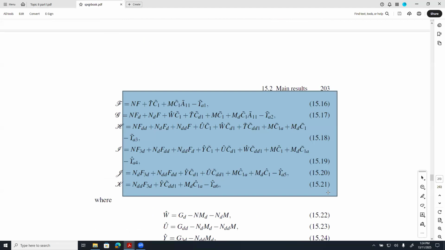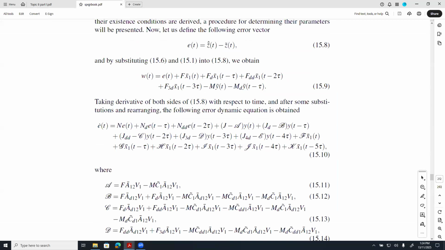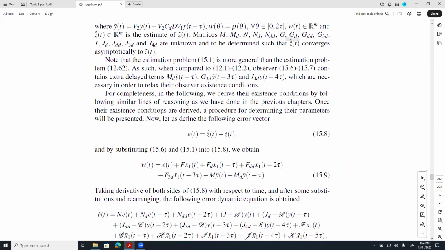So you can see that the framework here is very unified, and it's nothing really extraordinary. Basically, we use the unified framework. We define the error vector.